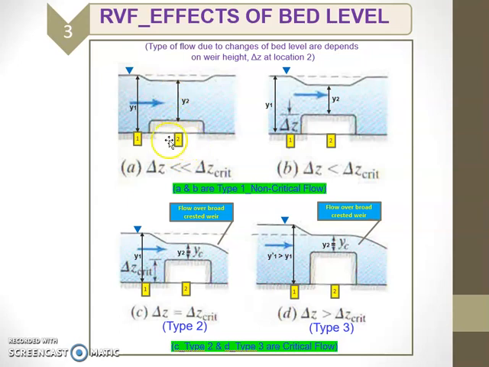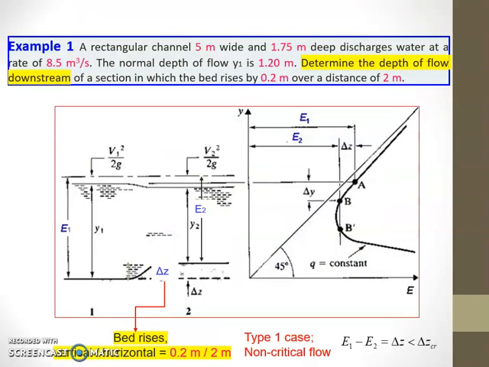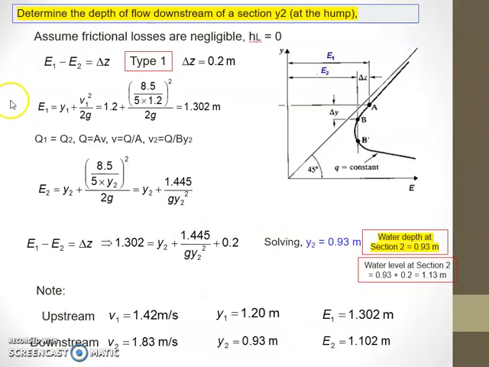For type 1 condition, E1 minus E2 is equal to delta Z, or the weir height. So the analysis will be based on E1 minus E2 equal to delta Z, knowing that delta Z, the weir height, is 0.2 meter, and E1 represents Y1 plus V1 squared over 2g.